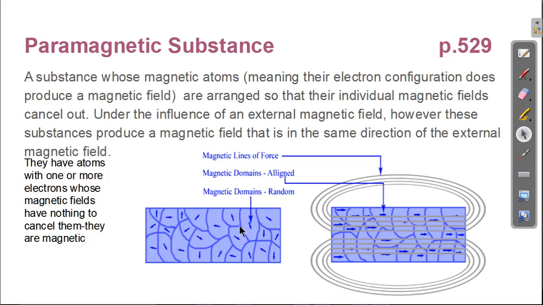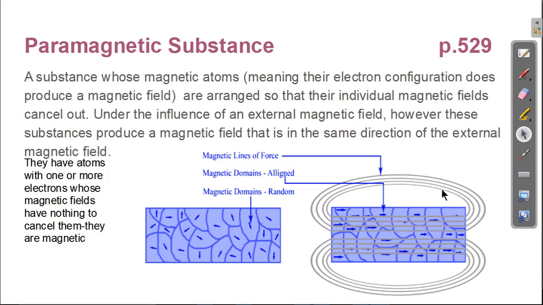But if you have a magnet around them, or you have created an electromagnet around them, the atoms' magnetic fields will align so that now the substance will act as a magnet. But as soon as you take the influencing magnet out, it will stop acting as a magnet.